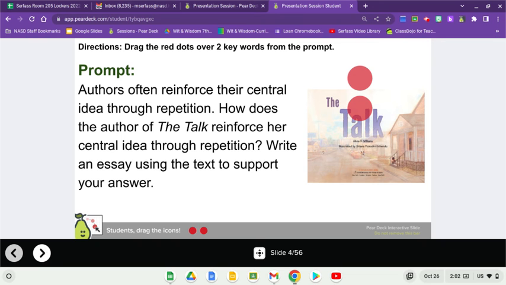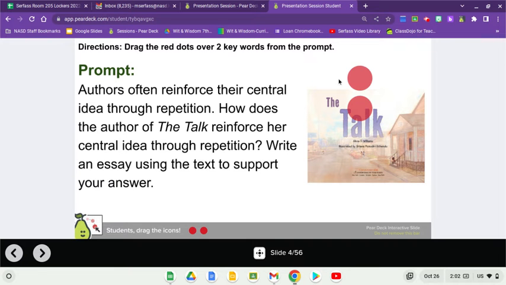So on slide 4, here's our guiding prompt for the book, The Talk by Alicia D. Williams. Authors often reinforce their central idea through repetition. How does the author of The Talk reinforce her central idea through repetition? Write an essay using the text to support your answer.